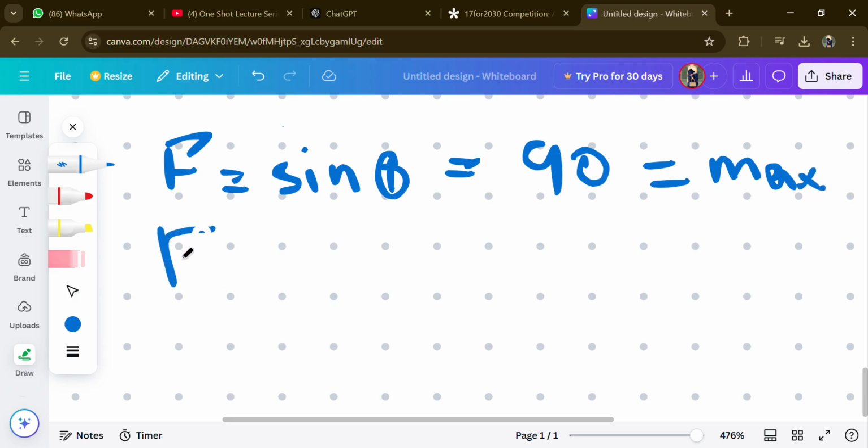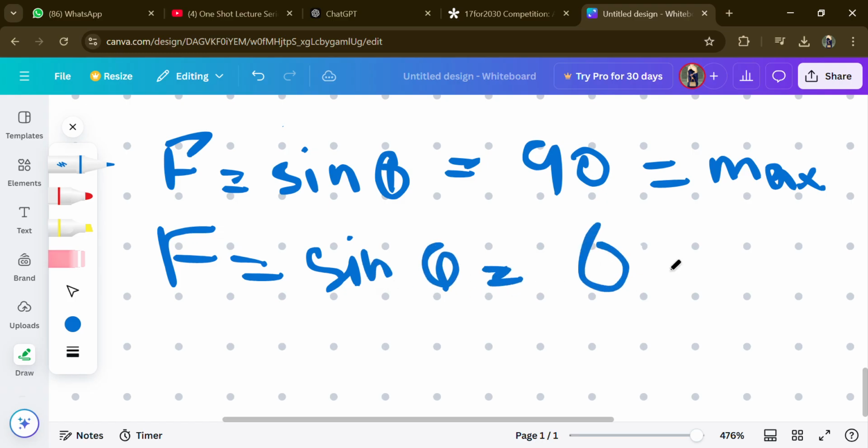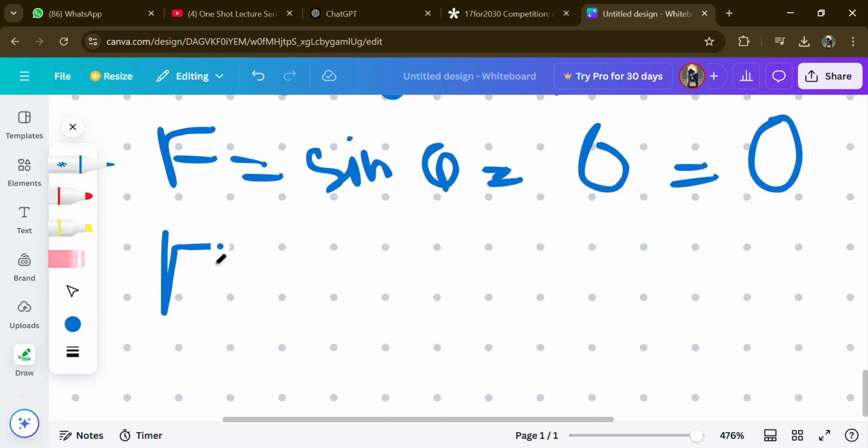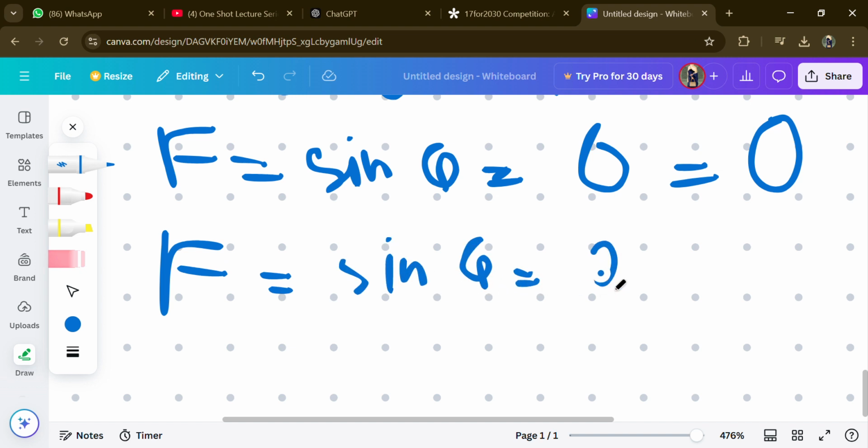If the force is proportional to sine theta and theta is equal to 0, the force will be 0 again. If theta is equal to 270, again the force would be maximum.